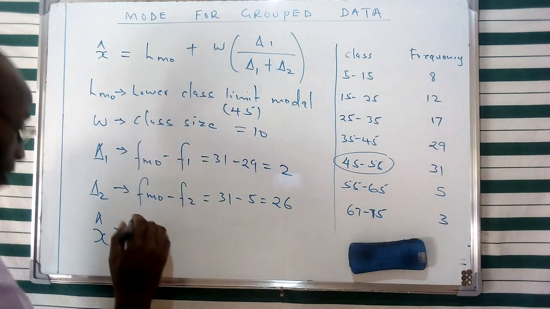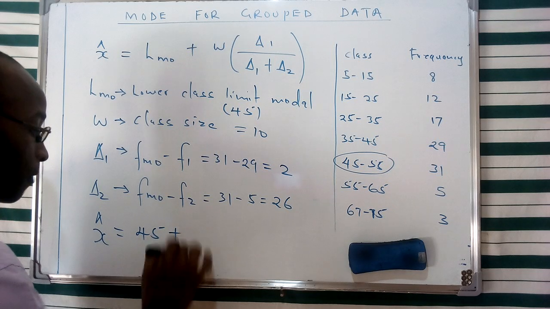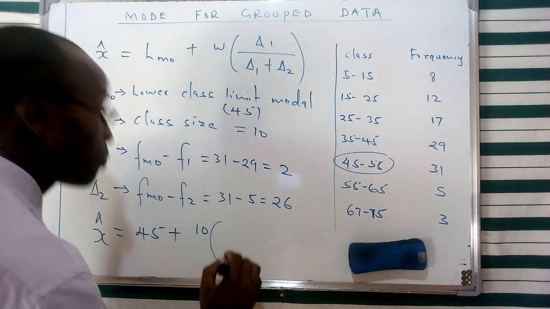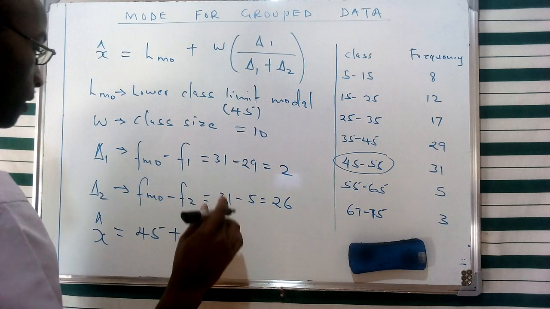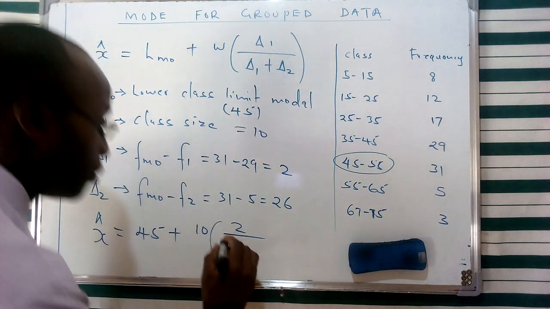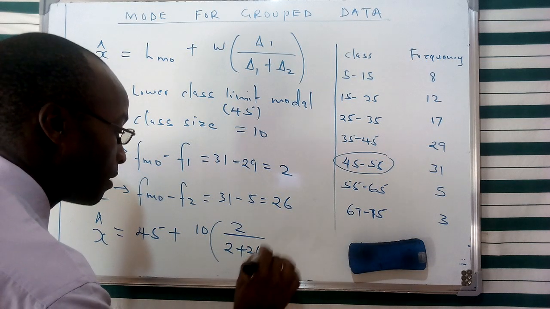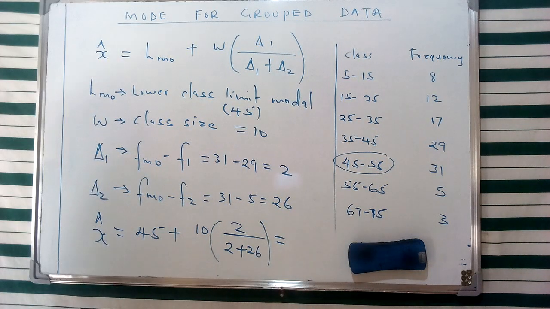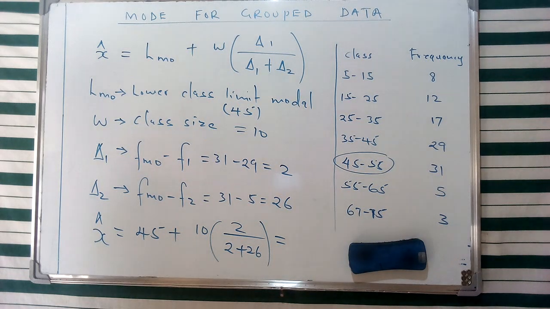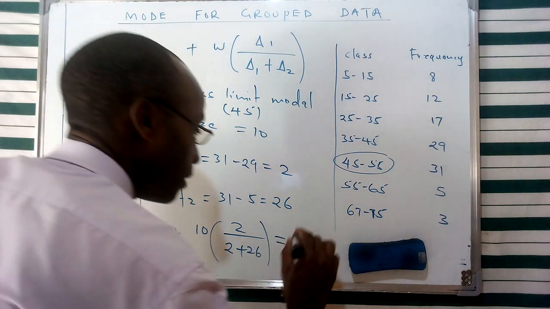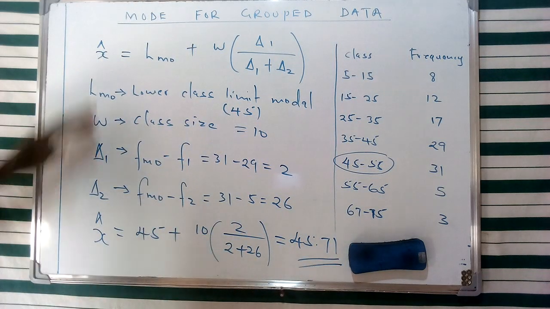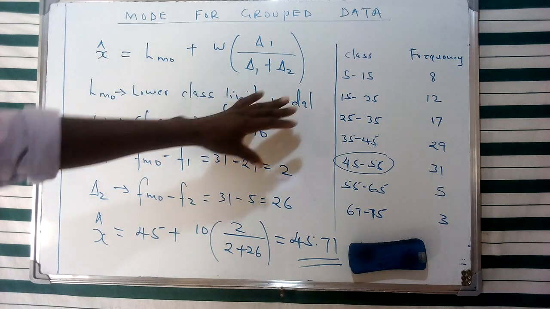This constitutes 45 plus the class width, 10, multiplied by delta 1, which is 2, divided by the sum of delta 1 and delta 2, which is 2 plus 26. So this gives us a value of 45.71, which is our mode evaluated from this set of grouped data.